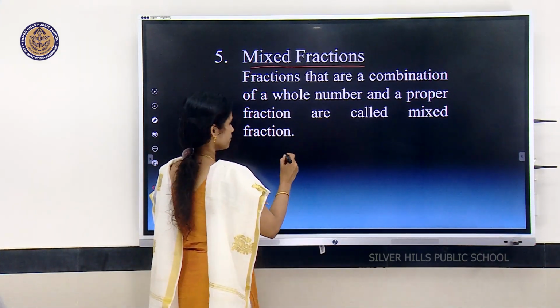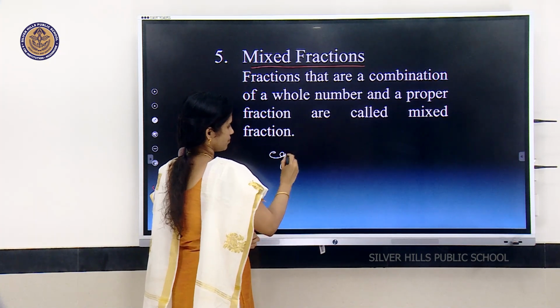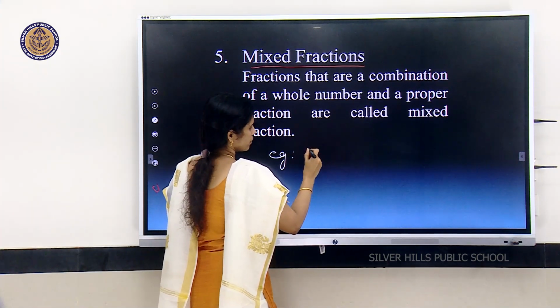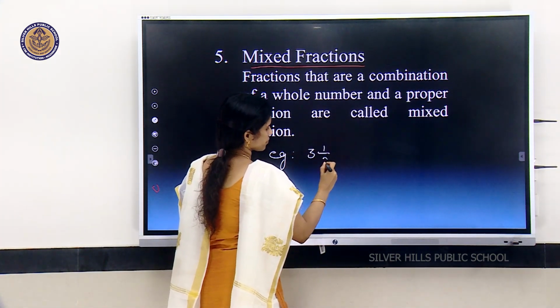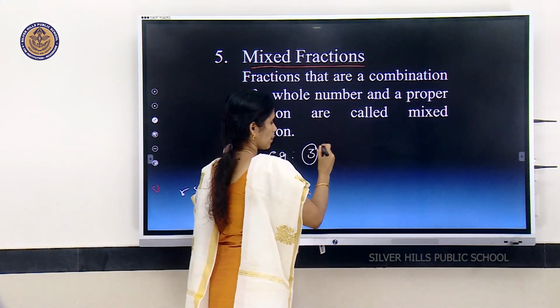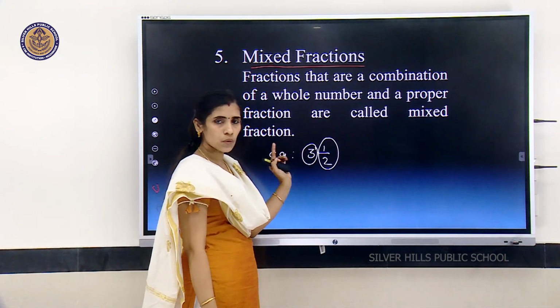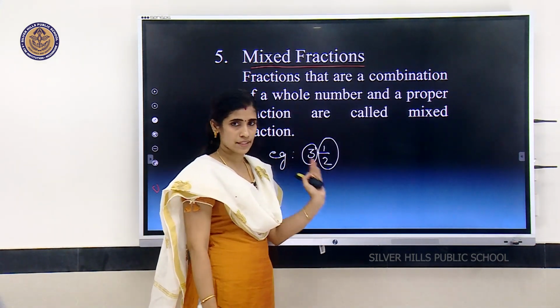For example, 3 1 by 2. Here 3 is the whole number part and 1 by 2 is the fractional part. So this is an example of a mixed fraction.